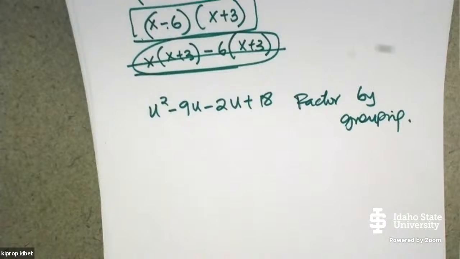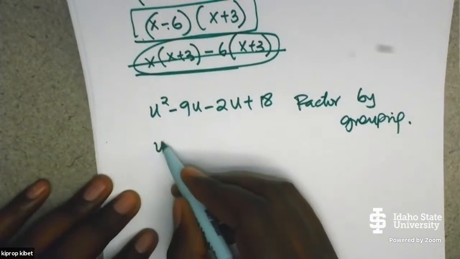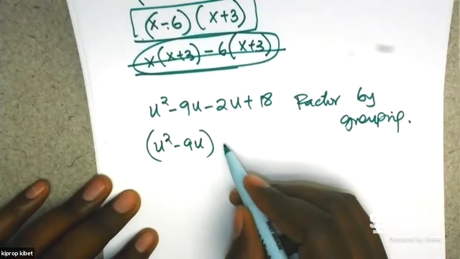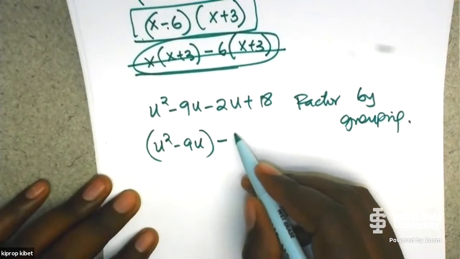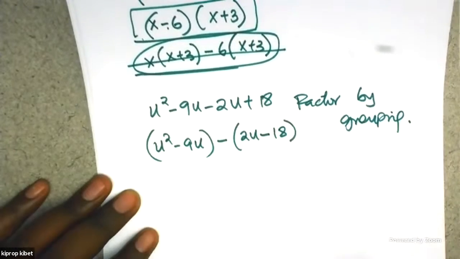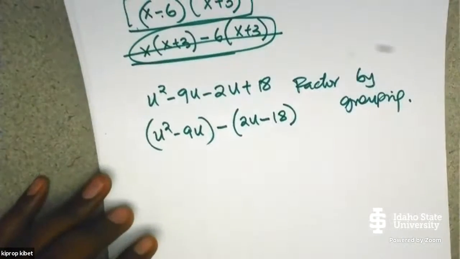When we group this, you still remain the same, but now this one is minus. So before we put the bracket, we put that minus. So when we group this, it will be u square minus 9u in parentheses, minus now 2u minus what? Minus 18.